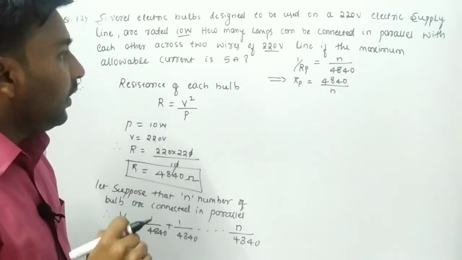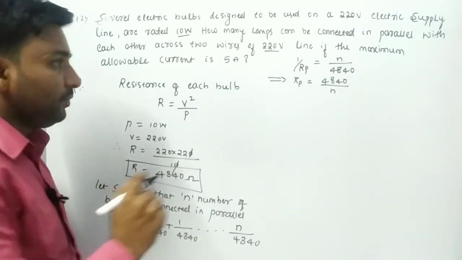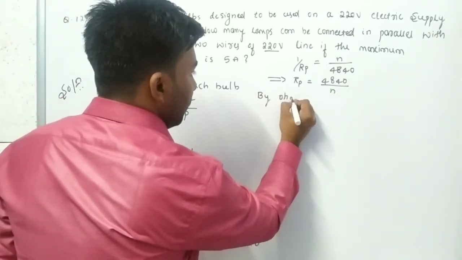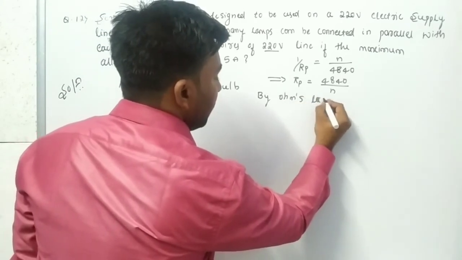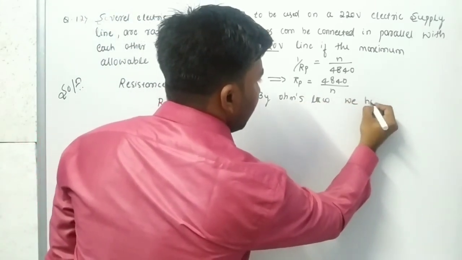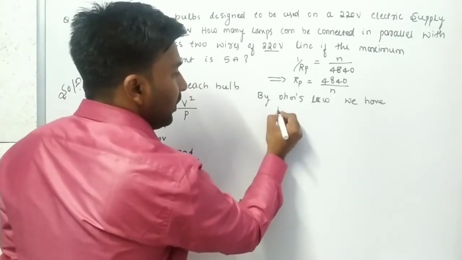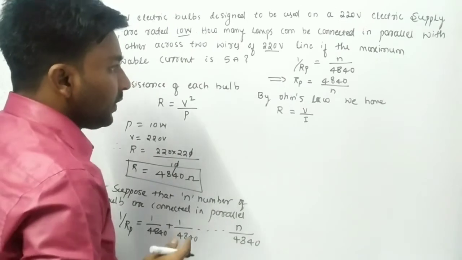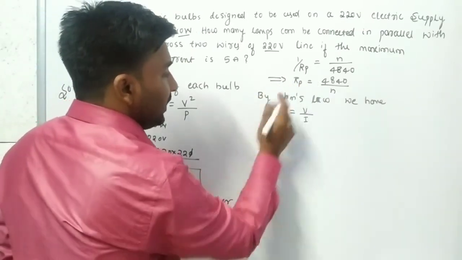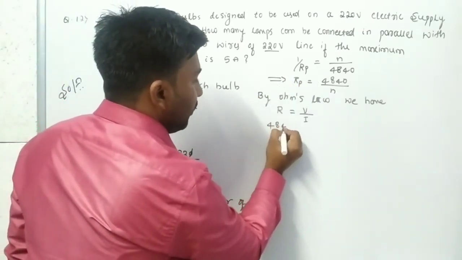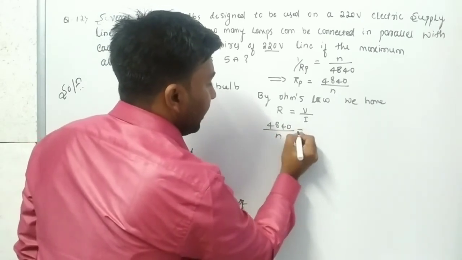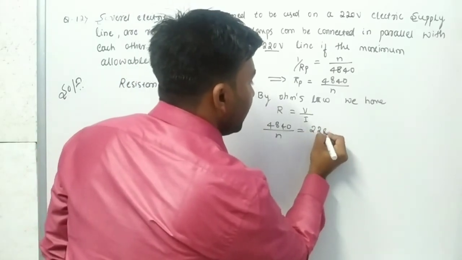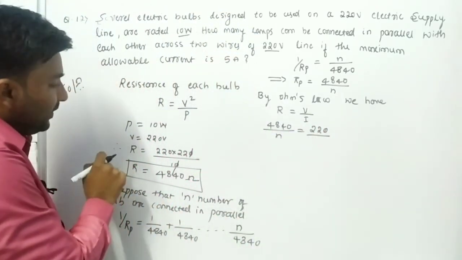Now here by Ohm's law, we have R is equal to V divided by I, right? And here R is 4840 divided by n. V is 220. What is the current here?